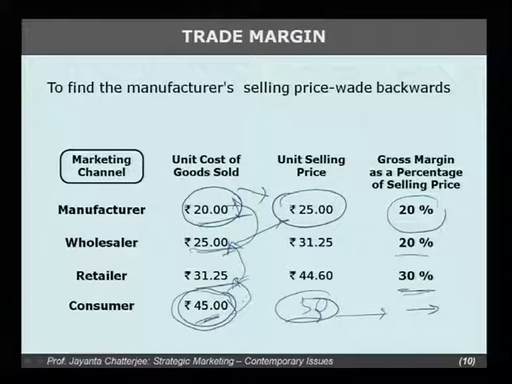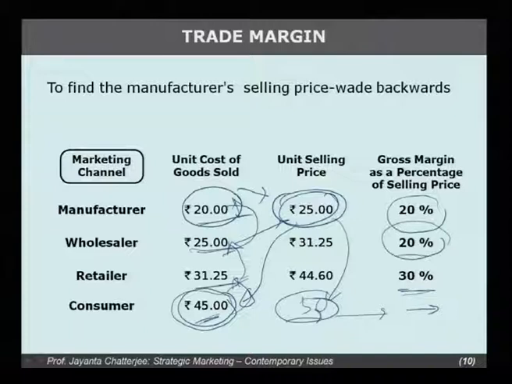Now, one may think, why do we not jump and go from 25 to 45 or 25 to 50 if we can, and why do we have to share these margins?